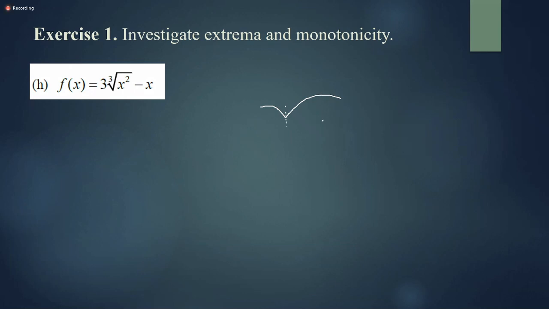And then there was, I think, the point 8. Yes, it was 8. At that point, we had the regular stationary point, which turned out to be the maximum point. So the conclusion is that it should look something like this. We don't know about the rest of the graph.